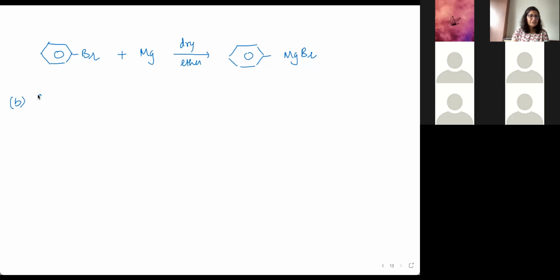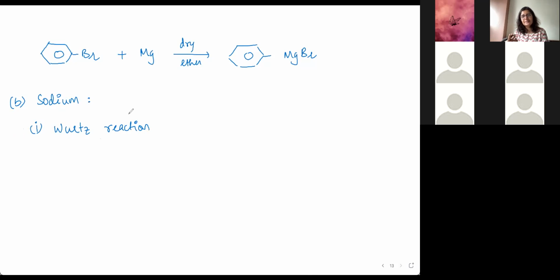The next set of reactions, sodium: we have 3 reactions of haloalkanes with sodium. You guys have studied this again during preparation of alkanes. The first one is Wood's reaction. Do you remember?